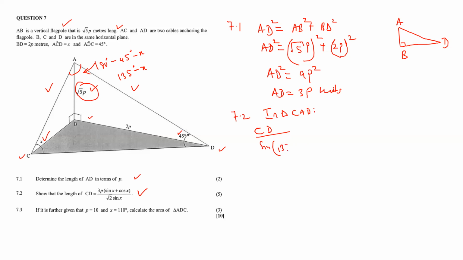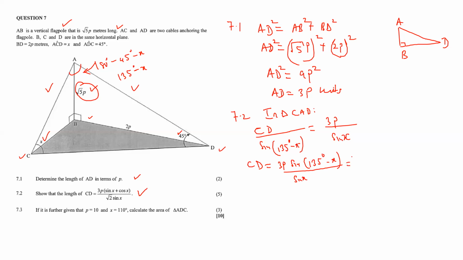So it is the sine of 135 degrees minus X, is equal to AD, which is 3P, over the sine of X. So this means that CD is equal to 3P, the sine of 135 degrees minus X, divided by the sine of X.